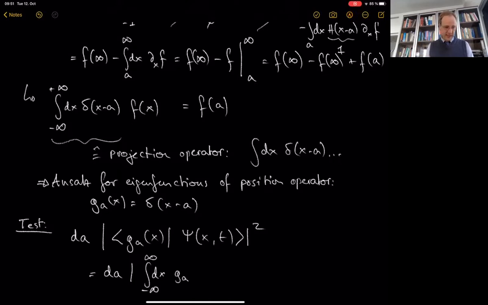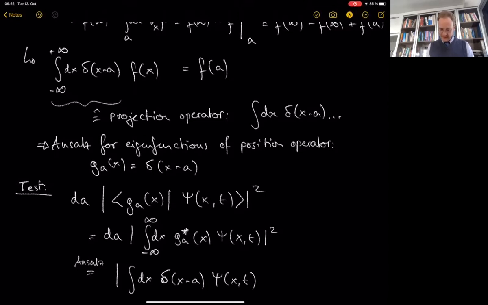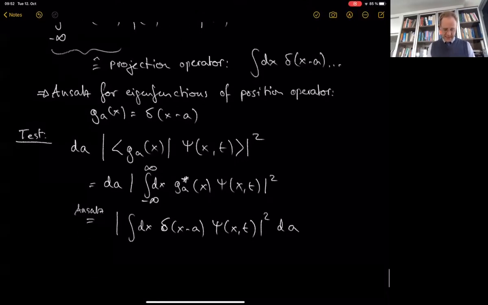We would traditionally now take the complex conjugate. Let's just do this formally, write it once more. And now using our ansatz, we write this as the integral dx delta x minus a psi x t, dA, just flip the dA on the other side.